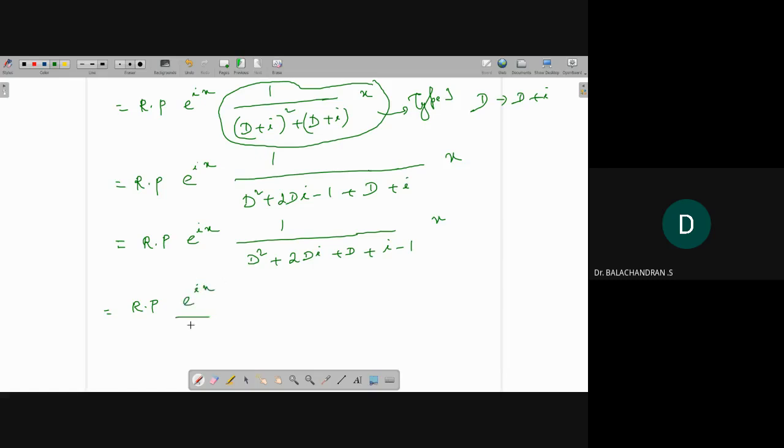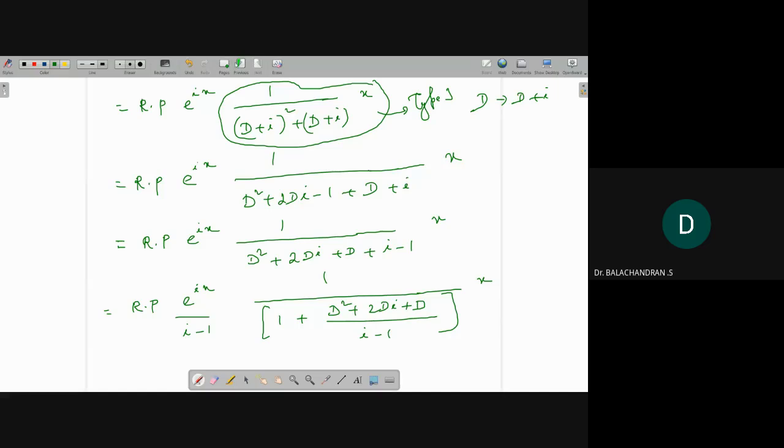So I will take i minus 1 commonly. If you take i minus 1 commonly, the remaining is 1 plus (d square plus 2di plus d) divided by (i minus 1), into x. So write this in the numerator.